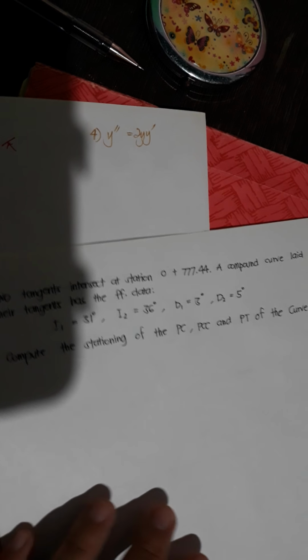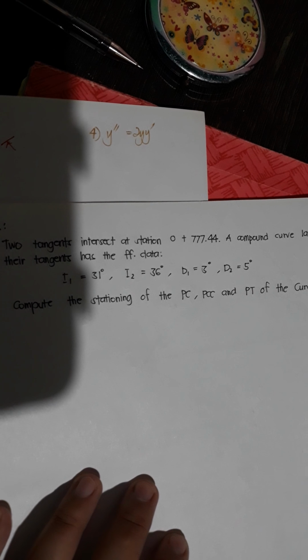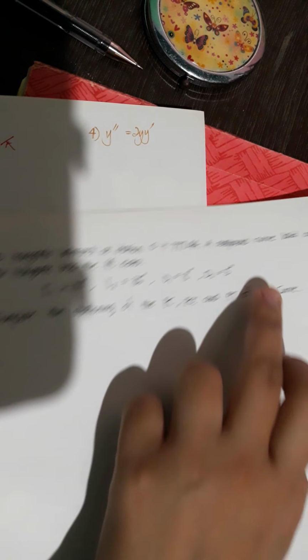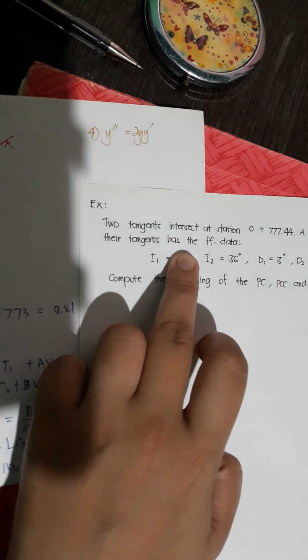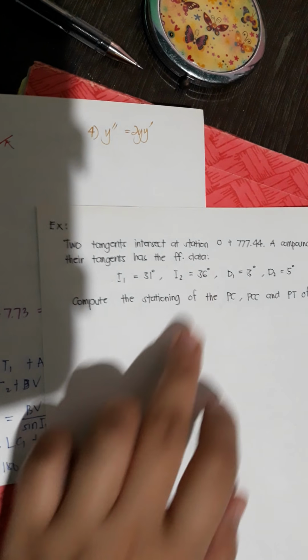Okay, so two tangents intersect at station 0 plus 7.4. A compound curve laid on their tangents has the following data.